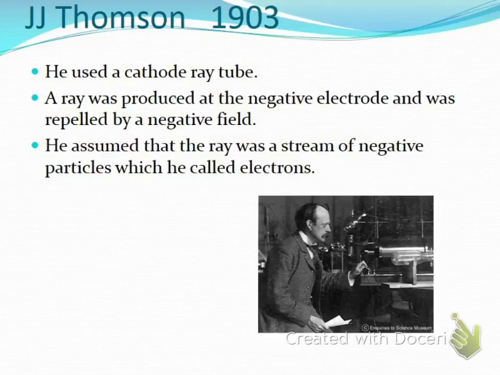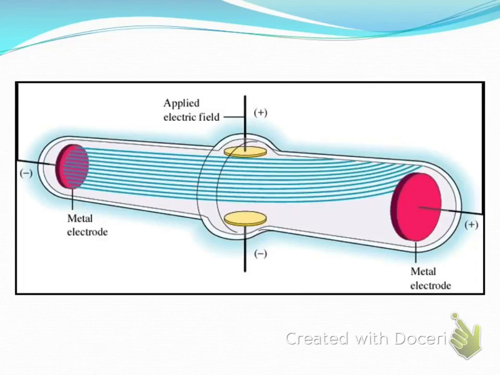Atomic structure, J.J. Thomson. I always put the P in there, Thomson. He used the cathode ray tube. He was the one that discovered the electron. Okay, and he did that by passing a ray through negative electrodes. This is what it looked like. Okay, and he measured how much it was deflected to figure out that we had negative electrons.